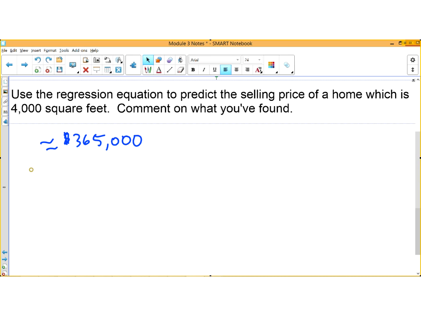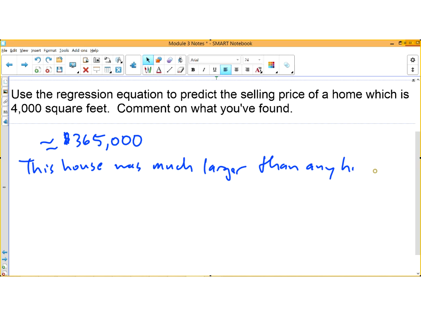And then the selling price was far more expensive than anything. So this house was much larger than any house in the data.